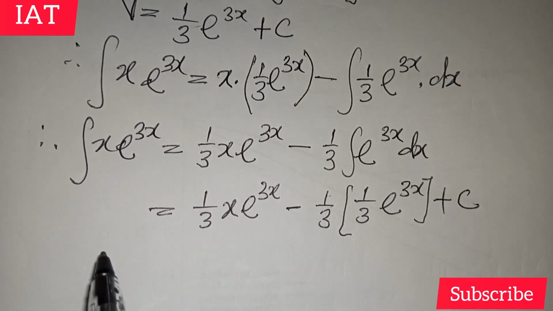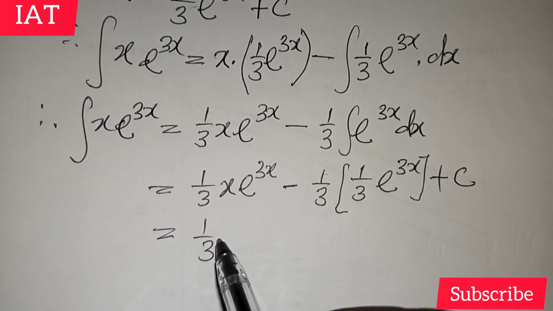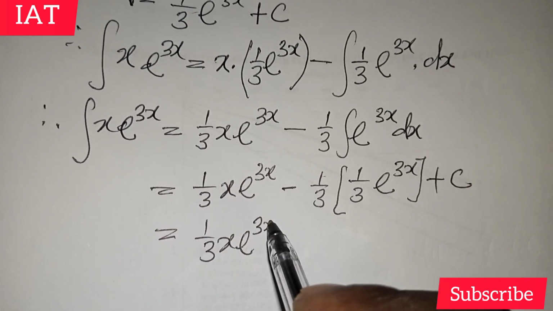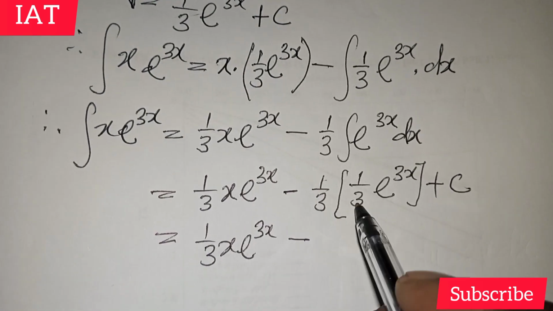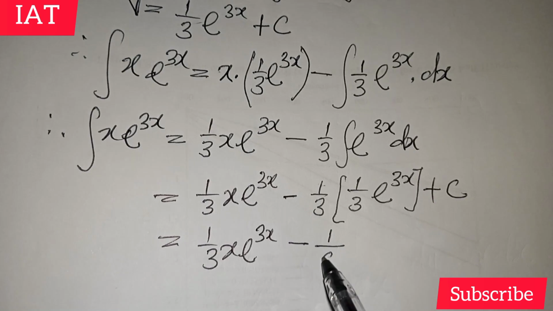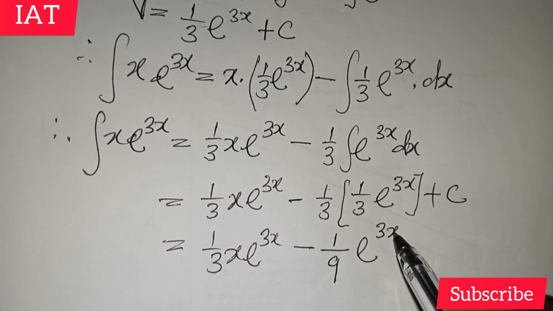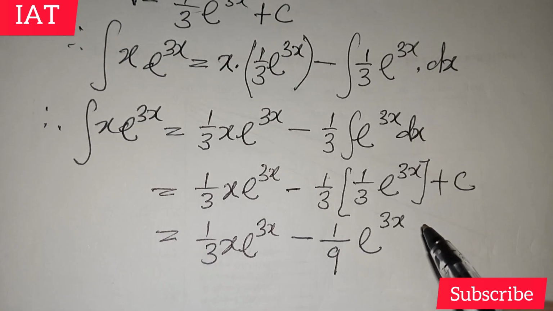Alright, so this means that at this point we'll be having 1 over 3 x exponential 3x minus, if you multiply this by this and 1 by 1, 1 by 1 is 1, 3 by 3 gives 9, exponential 3x, alright, plus constant c.